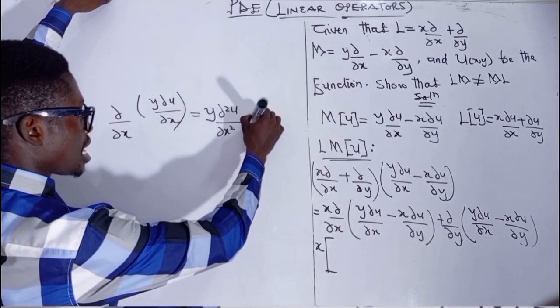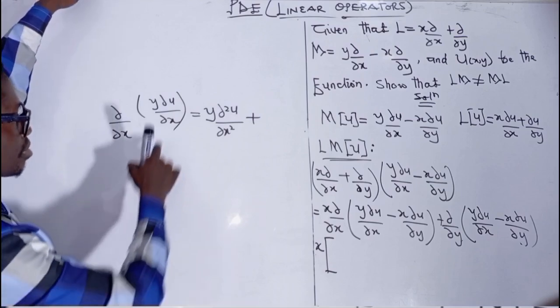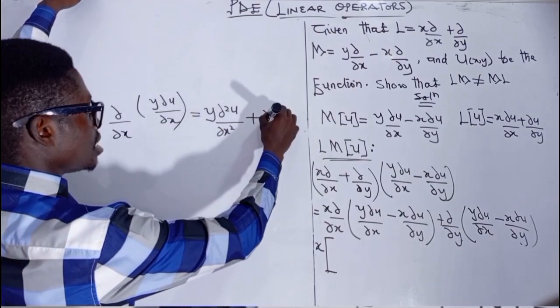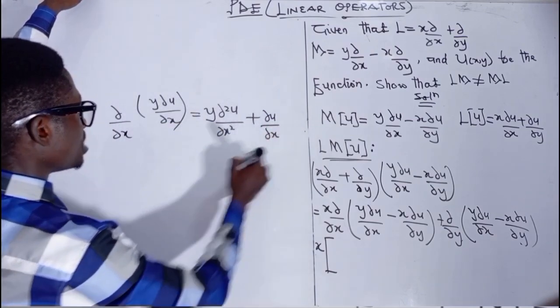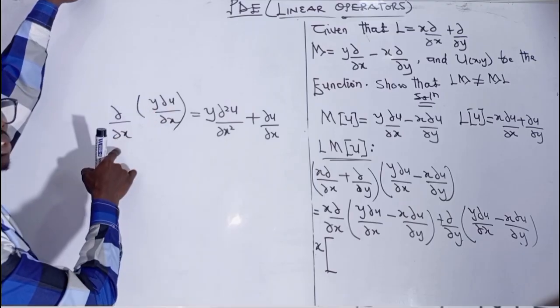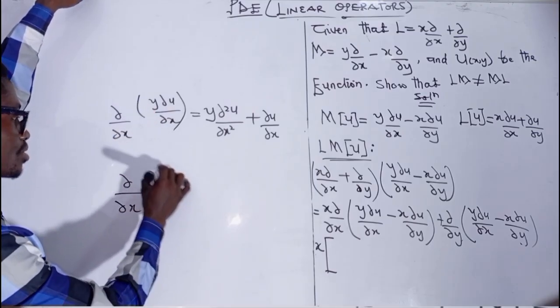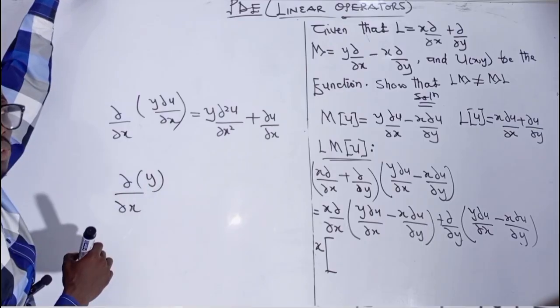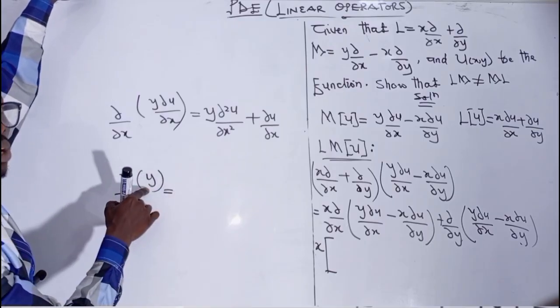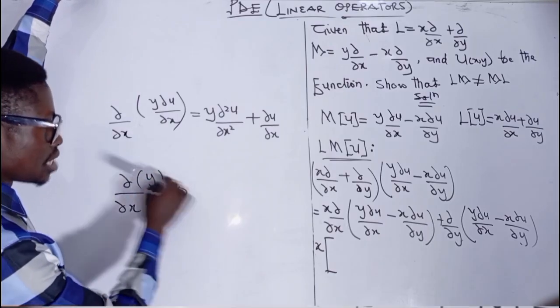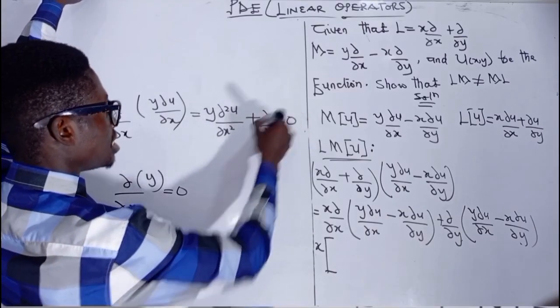Then we move on to plus. We are going to keep the second function, ∂u/∂x. We differentiate y with respect to x. So when we differentiate y with respect to x, y is treated as a constant. And whenever we differentiate a constant, we get what? 0. So we have multiplied by 0.